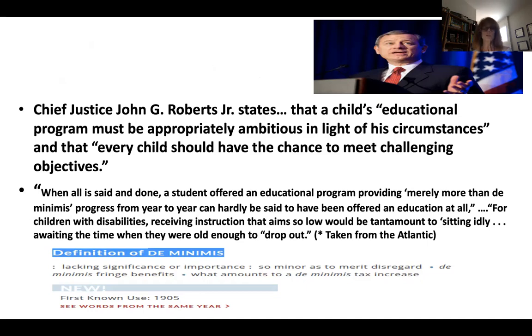Really what he looked at, using the language of the fact that the student had been offered what was really a, quote, de minimis educational program, one in which he really made de minimis progress, which was the minimum.